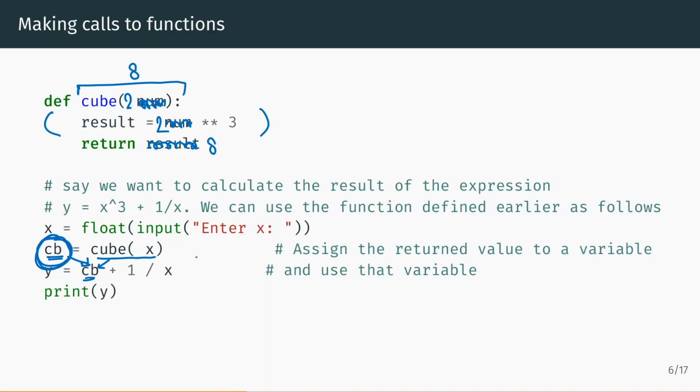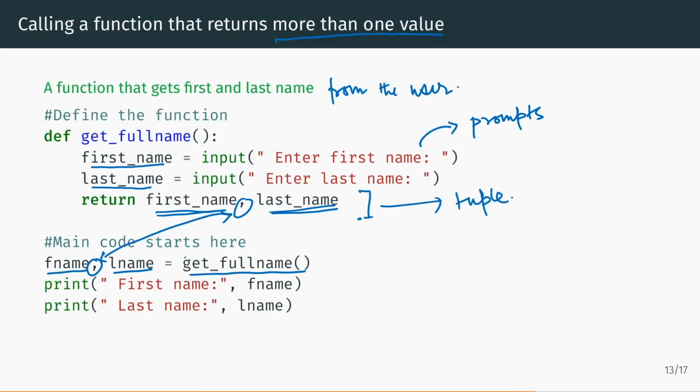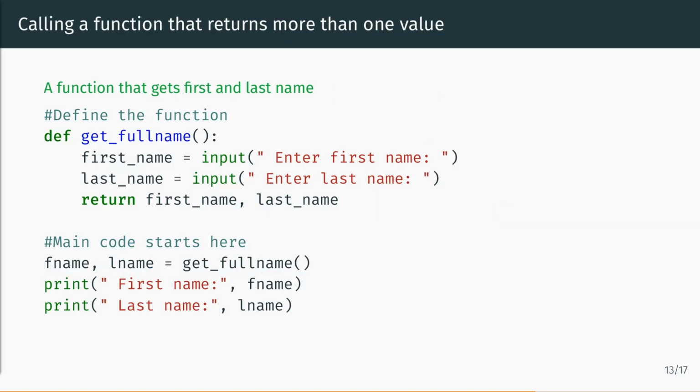So a better, easier, and more intuitive way of doing this is using the same number of variables to store the data as the number of values that the function returns. The function returns two values, so you also use two variables to store them. Then there would be a one-to-one correspondence.